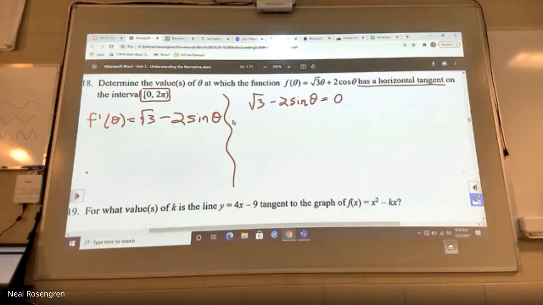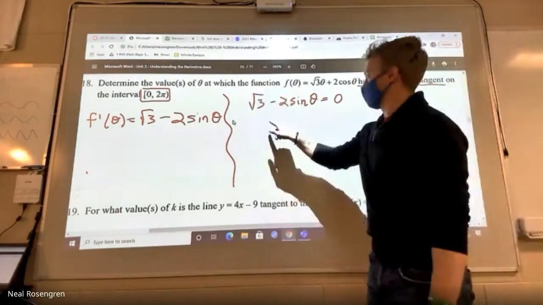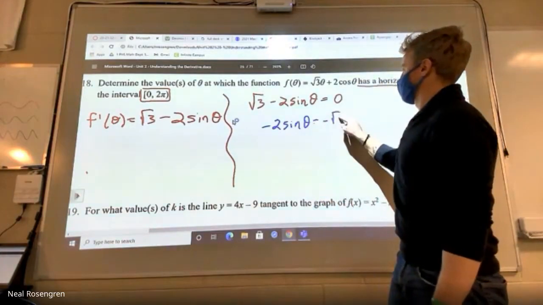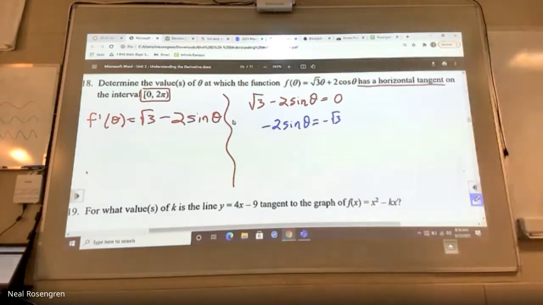What should we do first? Subtract the square root of 3. Sounds good. Okay. Negative root 3 there on the right side. Now what?